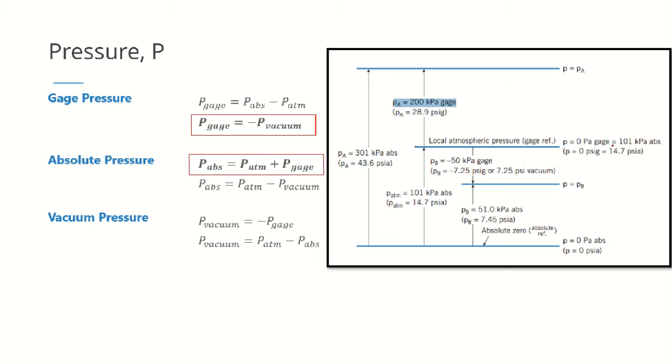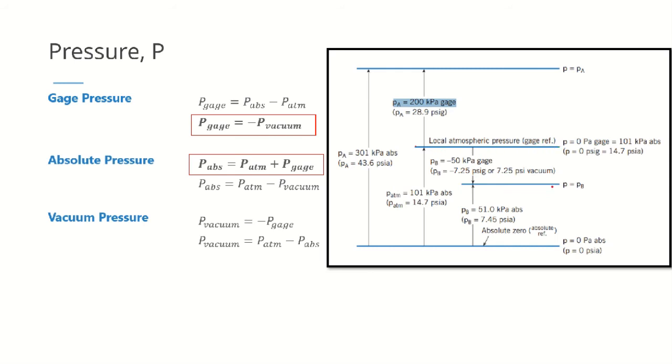So we have 101 kilopascal absolute. And yung bottom is 0 Pascal absolute. So ito yung reference line. So meron tayong dalawang pressure, PB tsaka PA. Si PB, yung pressure niya below atmospheric pressure.